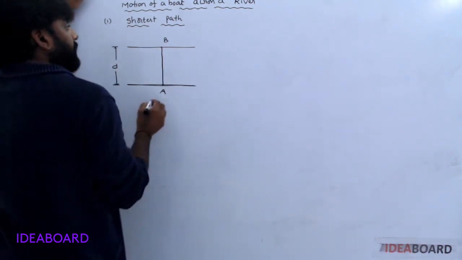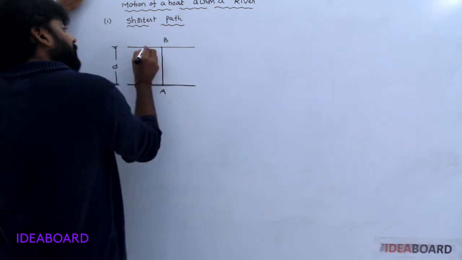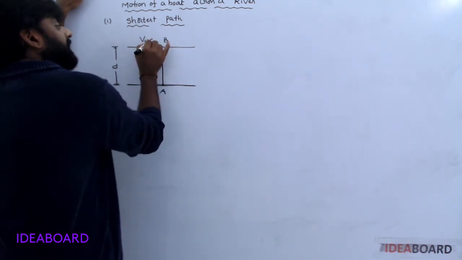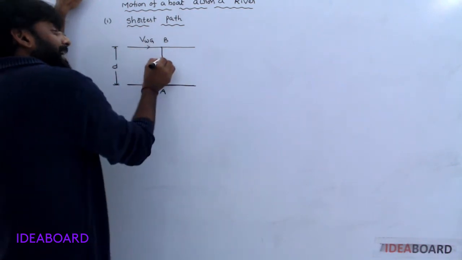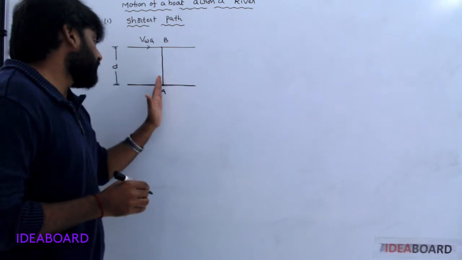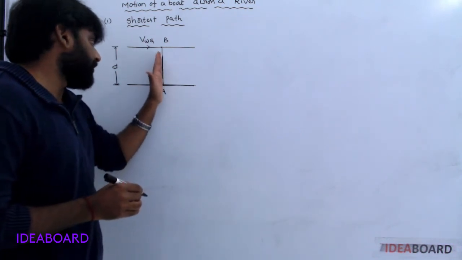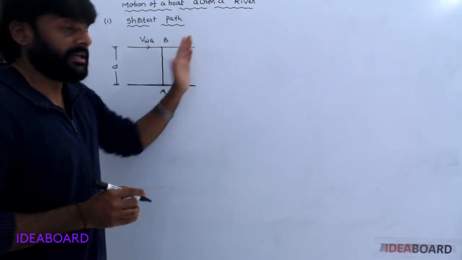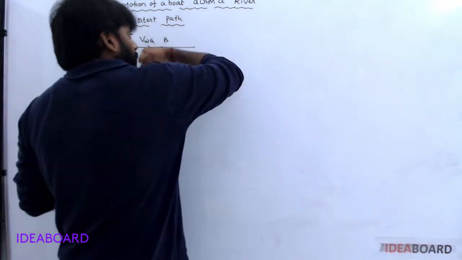Okay, now this one is water velocity with respect to ground. To reach the exactly opposite point, if the person travels exactly perpendicular to the river flow, in that case the boat is drifted due to the river velocity.